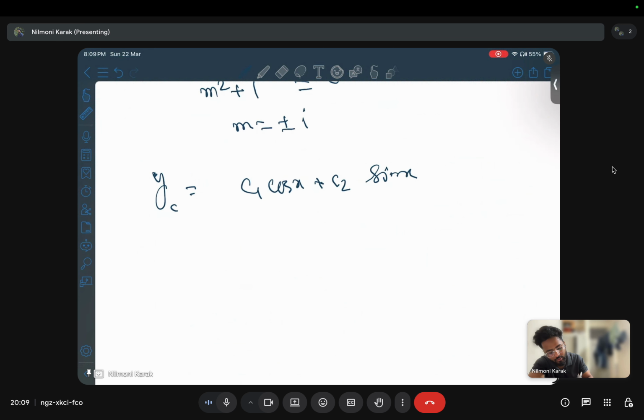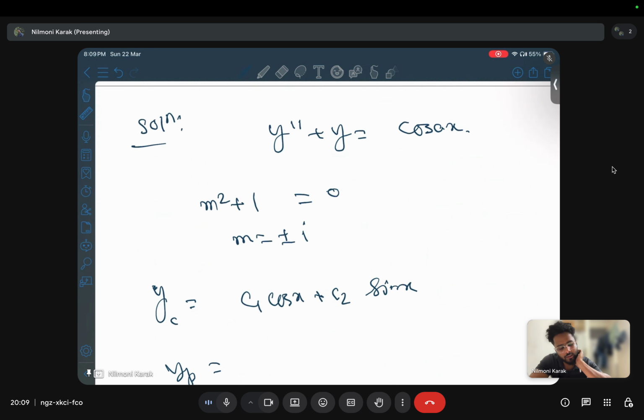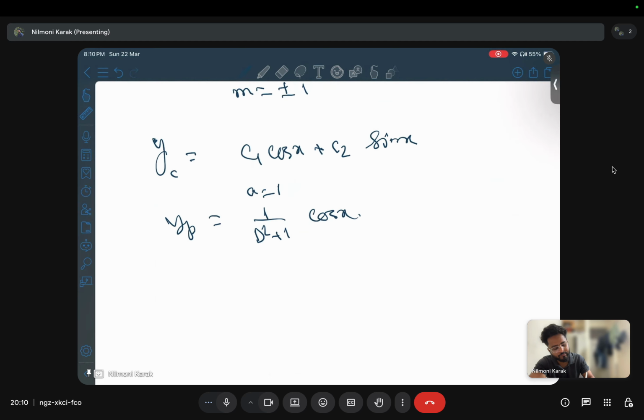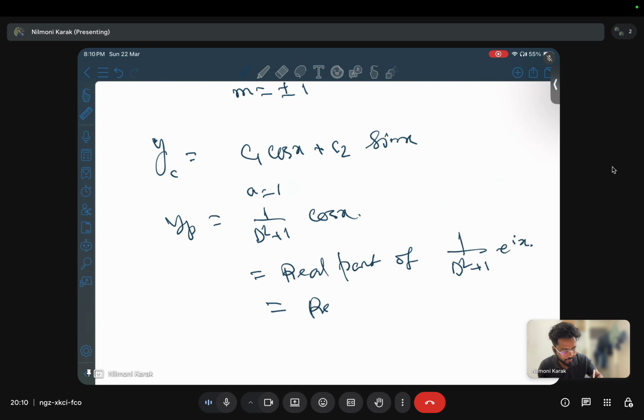And for the particular integral, when a equals 1 this is different. So when a equals 1, we have 1 by (D square plus 1) cos x. How to deal with this? This is the real part of 1 by (D square plus 1) e to the power ix.